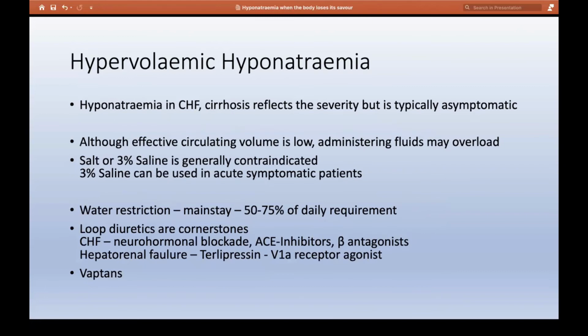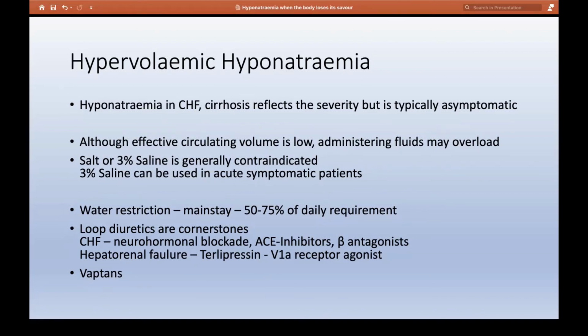Hypervolemic hyponatremia, please remember, you see that they are overloaded, but don't go and give normal saline or oral salt just plainly to these patients. Don't give oral salt to patients who have cirrhosis, heart failure, or liver failure. You need to restrict the fluid in these patients.